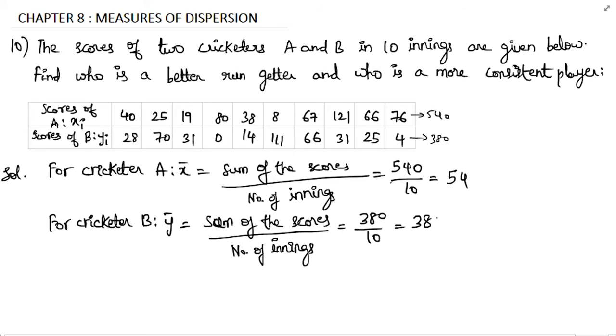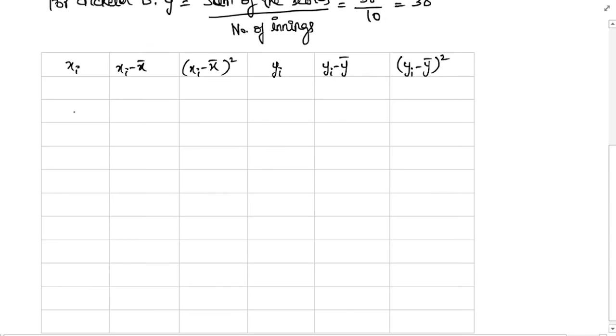Okay, so now we will draw a table. I have drawn a table. Now we will write xi. xi is given in the question as 40, 25, 19, 80, 38, 8, 67, 121, 66 and 76.